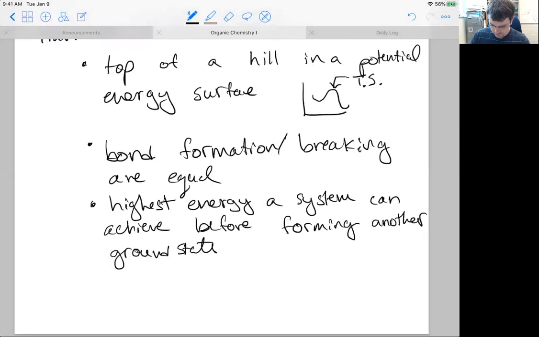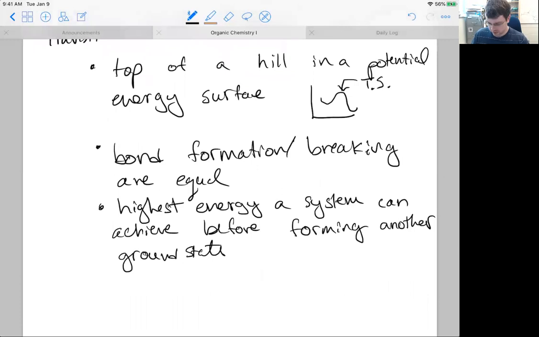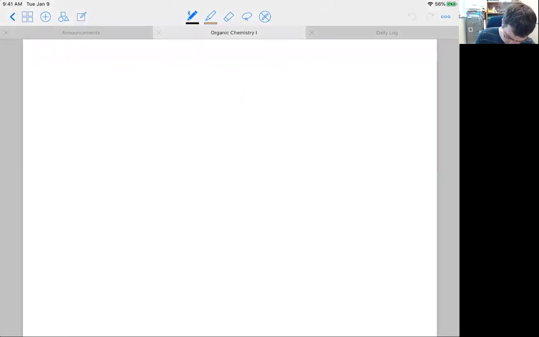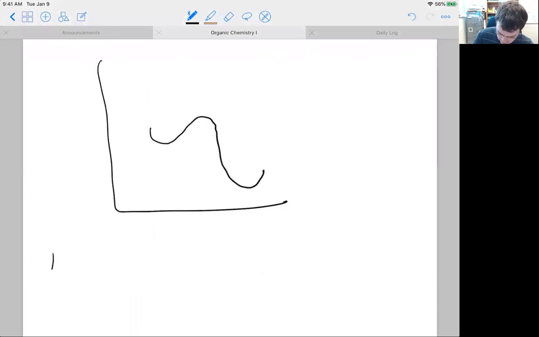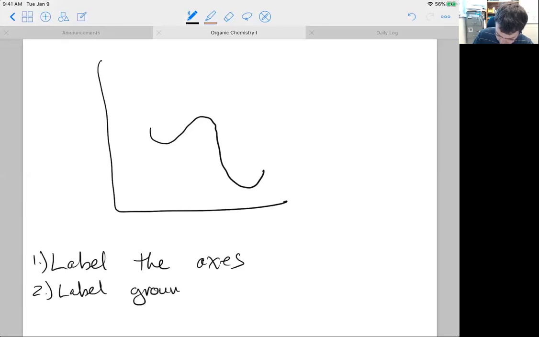Okay. So one key takeaway from this quick video would be, if we have an energy diagram, we want to label the axes, label the ground states, and label the TS for transition state.